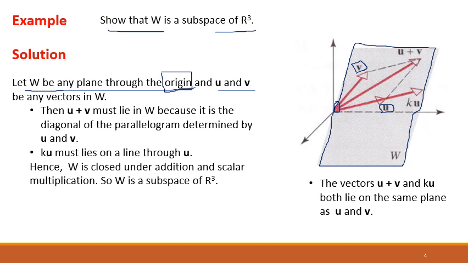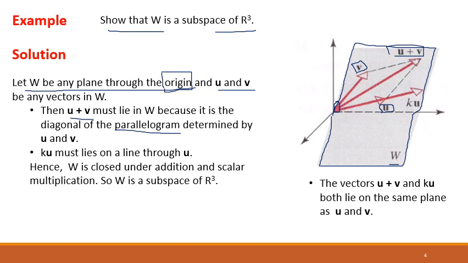If we add two vectors u and v by using the parallelogram law, the resultant u plus v, this one, will also lie in subspace W. This satisfies property B of the previous slide.